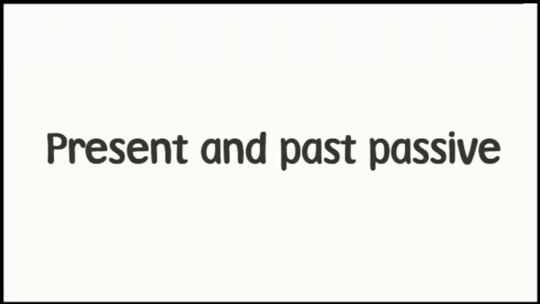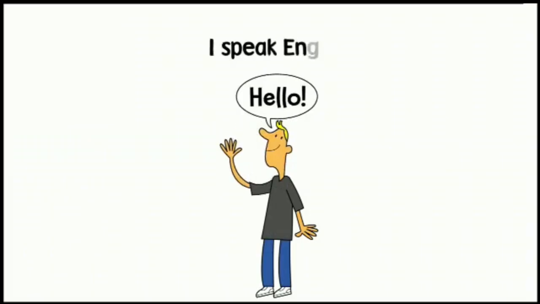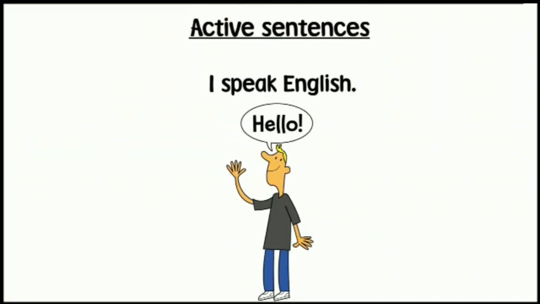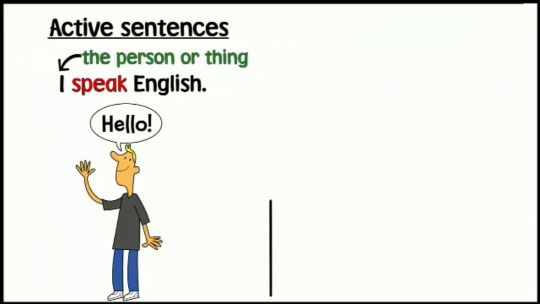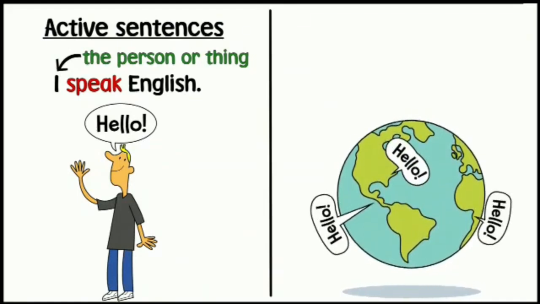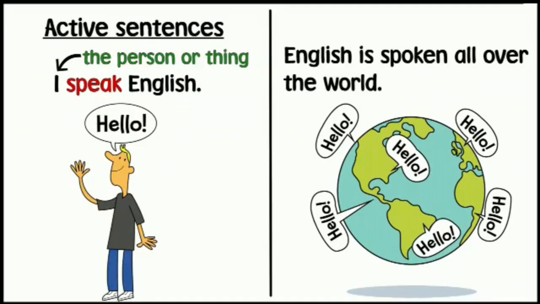Present and past passive. I speak English. Most English sentences are active. In active sentences, we are more interested in the person or thing which is doing the action. English is spoken all over the world.